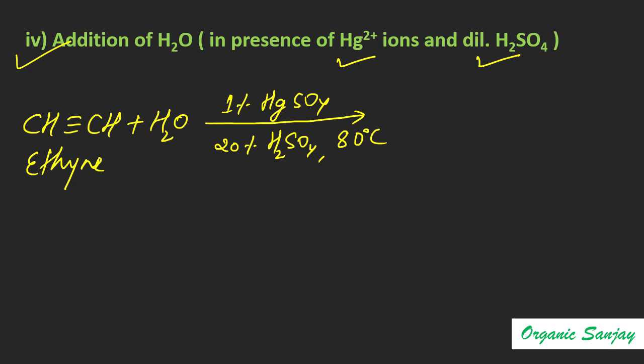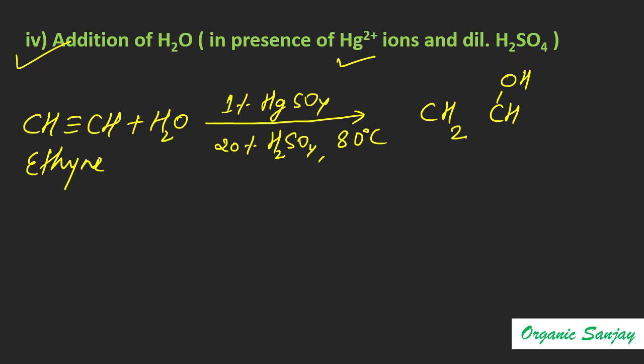Now it will give CH2 double bond CHOH. How is this product obtained? It's very simple. H2O means H and OH. H goes to this carbon, OH goes to this carbon, and one pi bond gets broken. So this product is formed: CH2 double bond CHOH, vinyl alcohol.